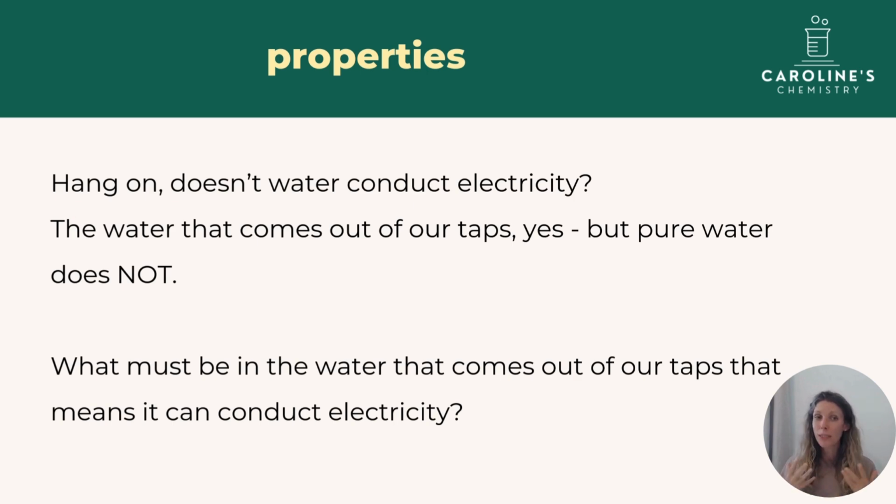So the water that comes out of our tap, what must be in it as well that means that it can conduct electricity? See if you can think before I share. It's because there are dissolved ions in the water that comes out of our tap. And that is why it conducts electricity. Those free ions can move and carry a charge throughout the water. But the water molecules themselves are neutral. And if you had pure water, it would not conduct electricity.